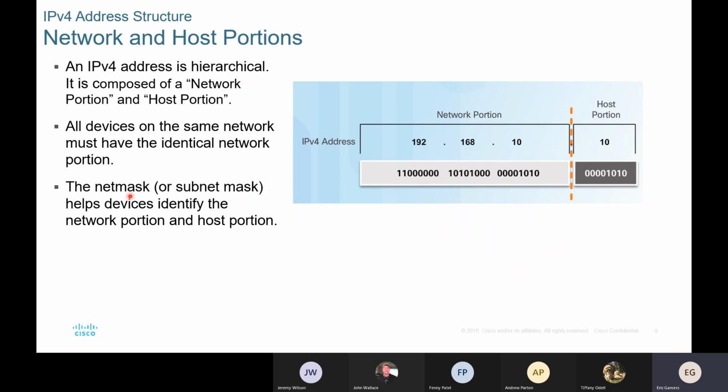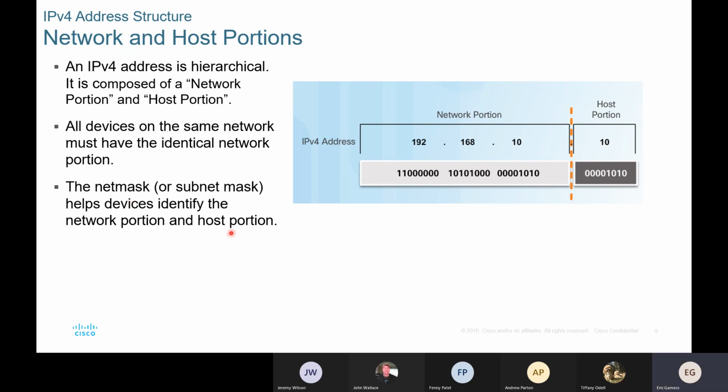When we have a 1 in the net mask, it means that the bit associated in the IP address belongs to the network part. So every time I have a 1, the bit associated belongs to the network part. And every time I have a 0 in the net mask, the bit associated in the IP address belongs to the host part.